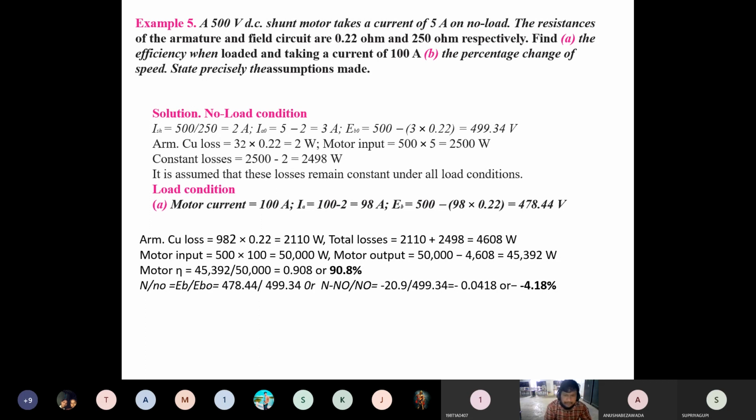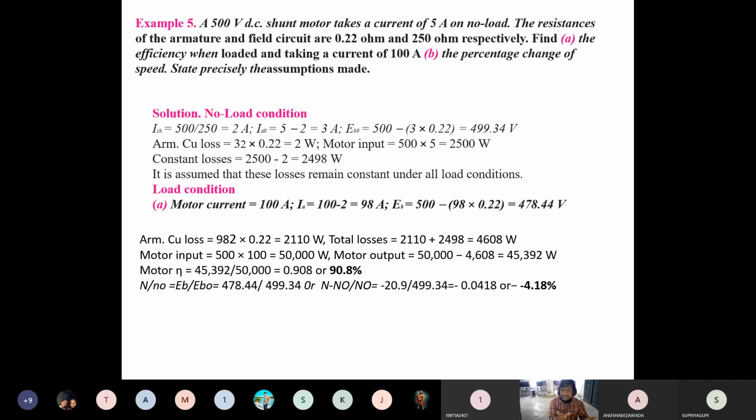Next, they are asking what is the percentage change of speed. Change in speed is nothing but generally N minus N naught. Suppose we consider the speed as 1500 at the starting, 0.